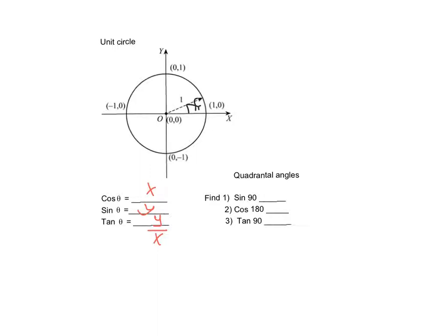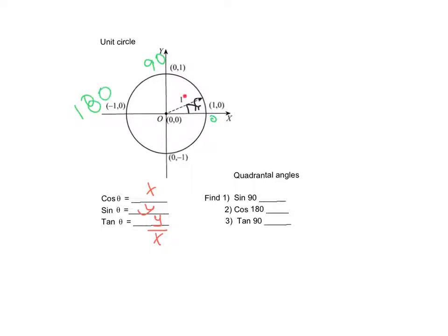Okay, so to use this, the idea is these are all quadrantal angles. So right here, that would be at 0 degrees. If you follow the angle all the way up to here, that spot would be 90 degrees. If I follow my angle all the way over to here, that angle would be 180 degrees.